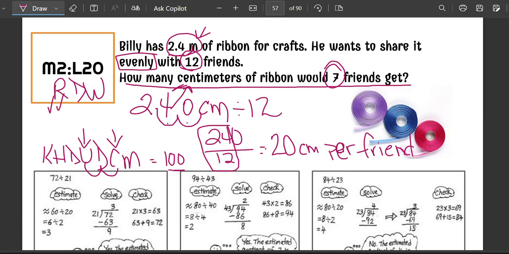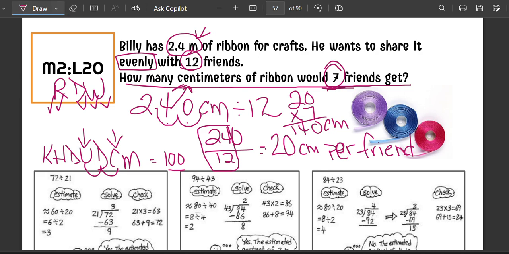And so how many centimeters of ribbon would 7 friends get? Well, if this is per 1 friend, we're going to do 20 times 7. That's 140 centimeters. I'm going to write up top. Oh, I was going to write each friend, but that's not what I need to write.